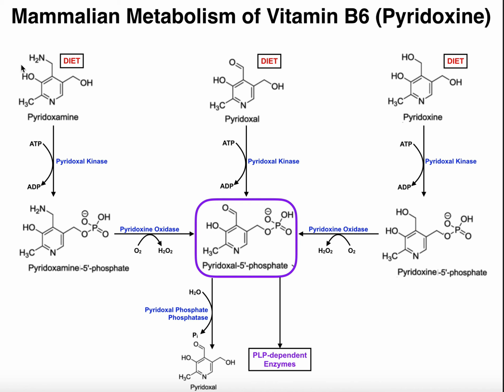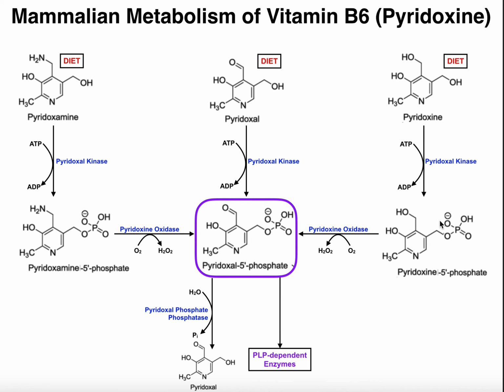All right, over here on the left we have pyridoxamine. This is going to follow a somewhat similar pathway to what we saw for pyridoxine. Pyridoxamine can be obtained through the diet and also reacted with pyridoxal kinase. Again, it's going to use the phosphate from this ATP molecule to phosphorylate the hydroxyl group over here on the right side of the molecule. That's going to generate pyridoxamine 5' phosphate.